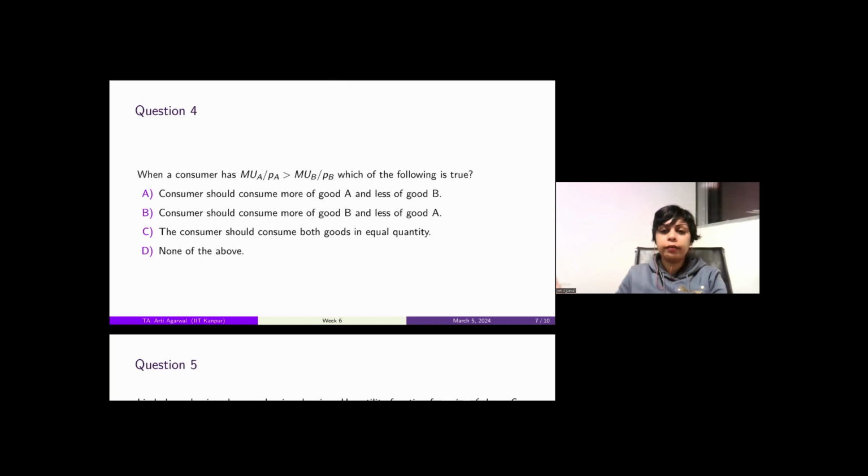For example, I'm getting 5 units of utility from consuming coffee. Marginal utility is the increase in utility for a unit change in consumption of that good. So if I take 1 cup of coffee, my utility increases by 5. So my marginal utility for coffee is 5.